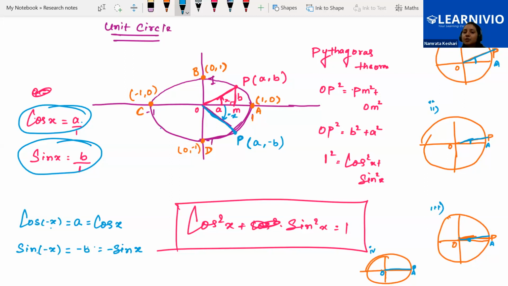What we are doing, are you understanding? First, let me know. Are you understanding what exactly we did just now? Yes, ma'am. Here the angle was X initially, and now the angle is 0.